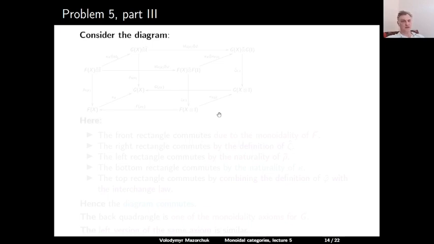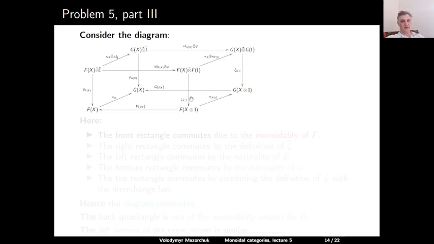Let's start from the quadrangle axiom for the right unitality. So consider the following diagram. We have the quadrangle axiom for f. So we have f of x tensored with the identity. We can go to f of x tensored with f of the identity, and then we can go to f of x tensor with the identity, and then to f of x.